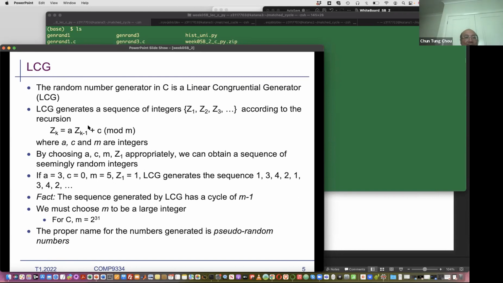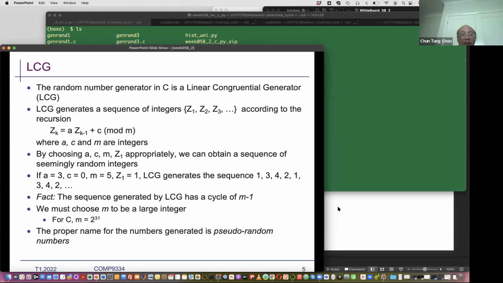Given Z_{k-1}, you multiply it by a, then add c, compute the modulo m, and that will become Z_k. So there are 3 parameters you need to choose: a, c, and m. If you choose a, c, m, and Z1 appropriately, then you can get a sequence of semi-random integers. Let's try that.